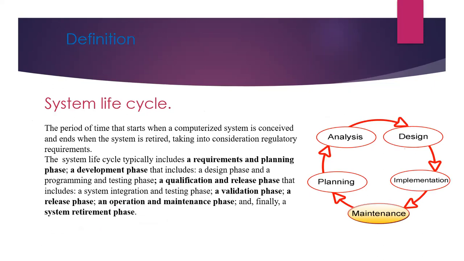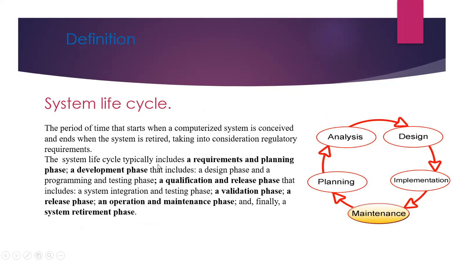After understanding all the guidelines and all the requirements, the next thing is the system life cycle. The period of time that starts when a computerized system is conceived and ends when the system is retired, taking into consideration regulatory requirements.